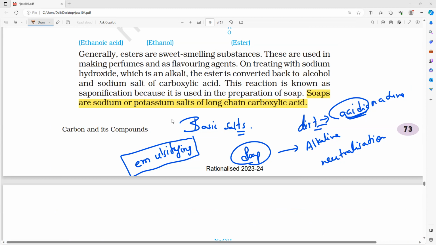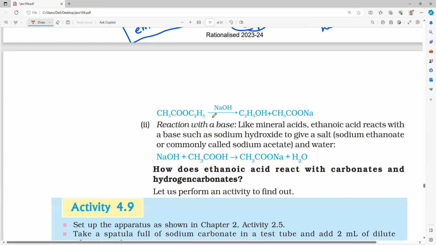Soap formation by the hydrolysis of fats and oils with alkalis.